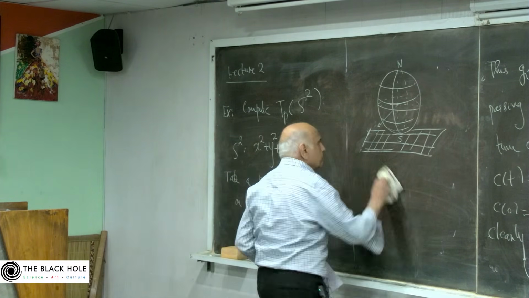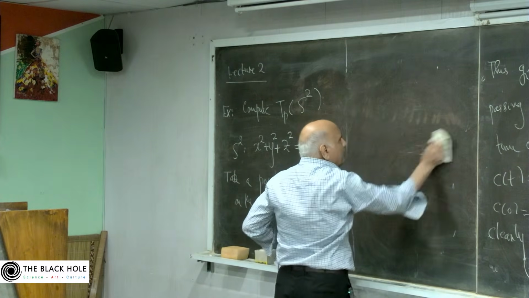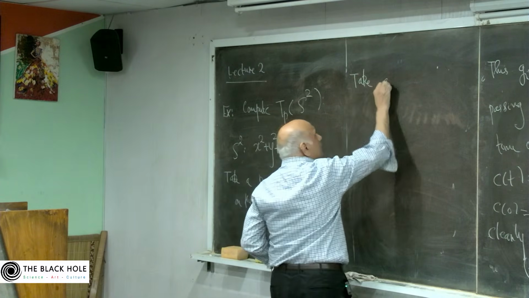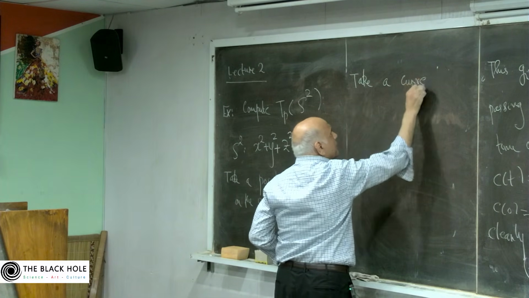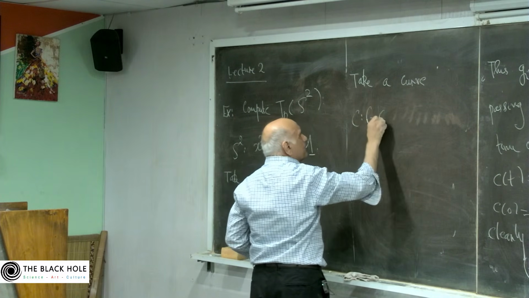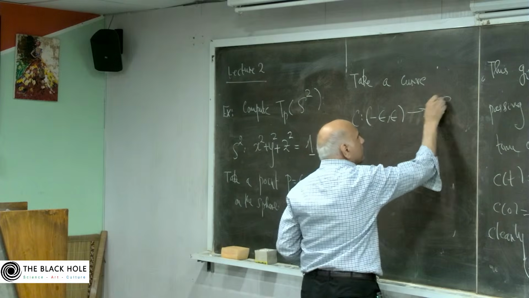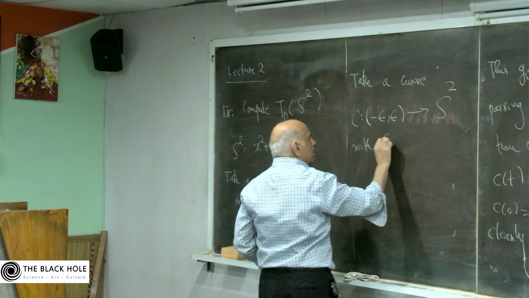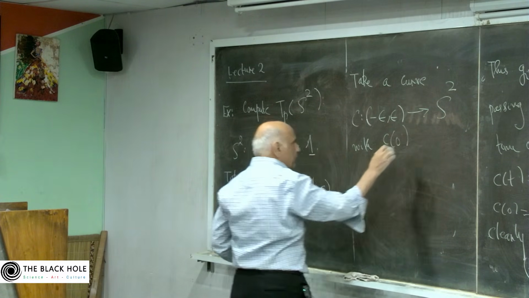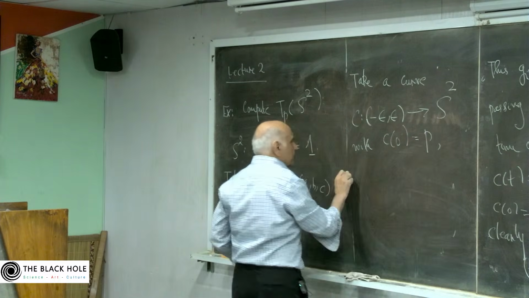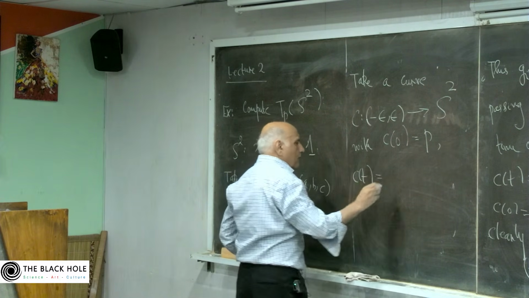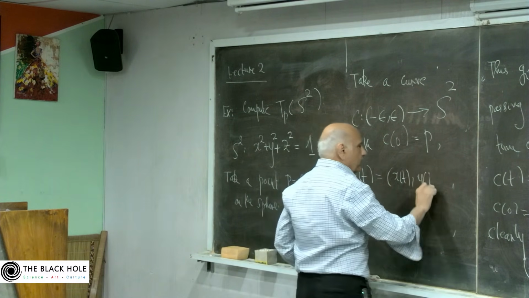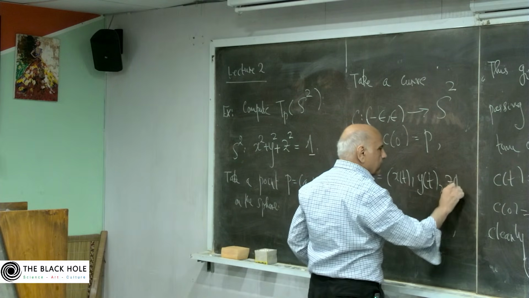So take a curve c from minus epsilon to epsilon to the sphere with c of 0 equal to P, and c(t) is (x(t), y(t), z(t)).